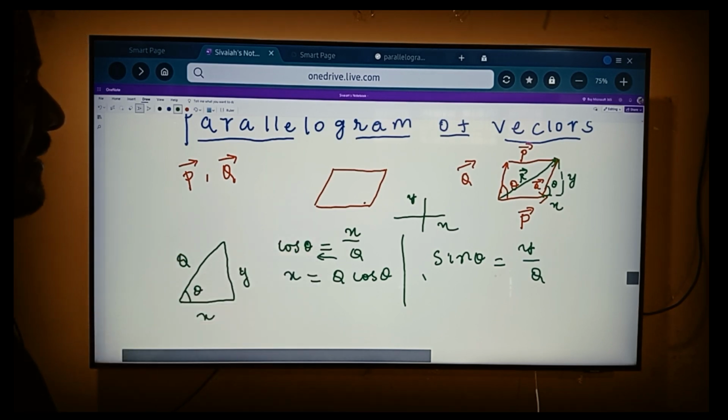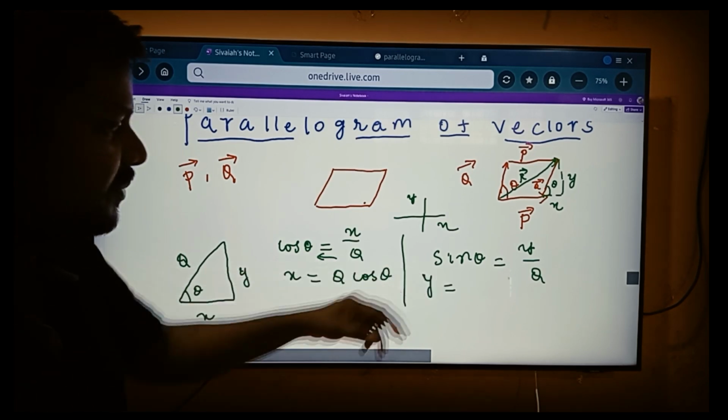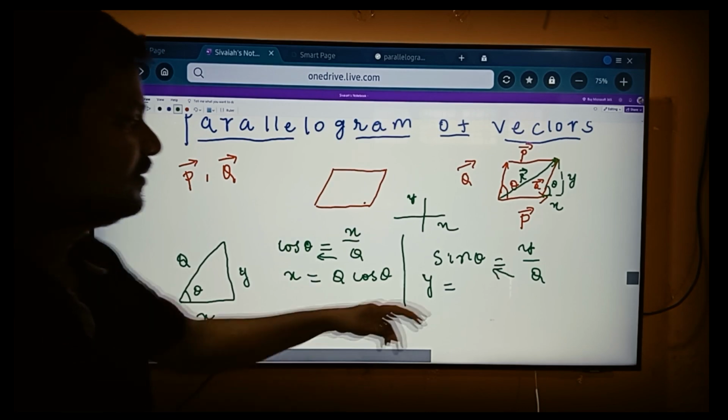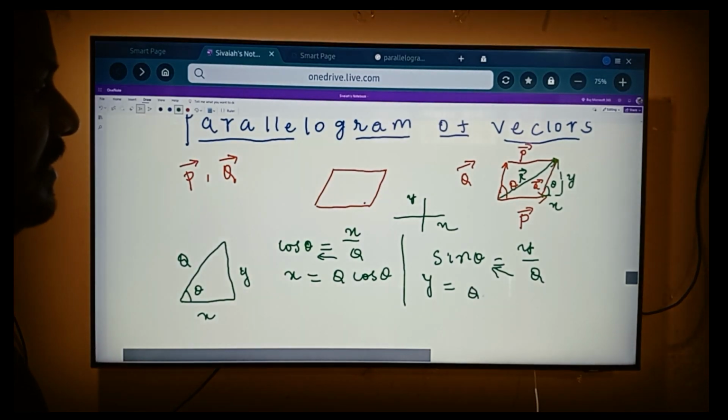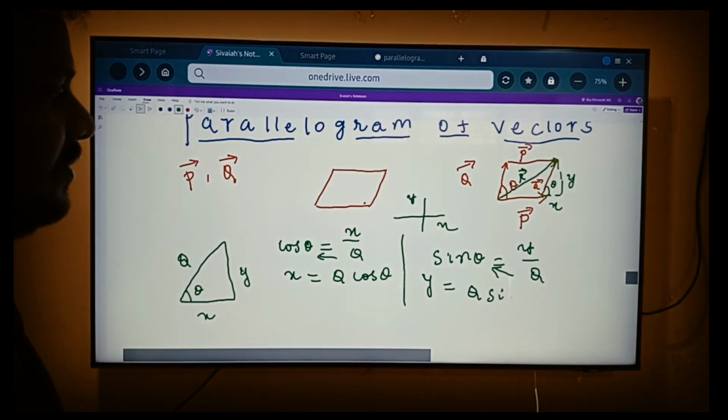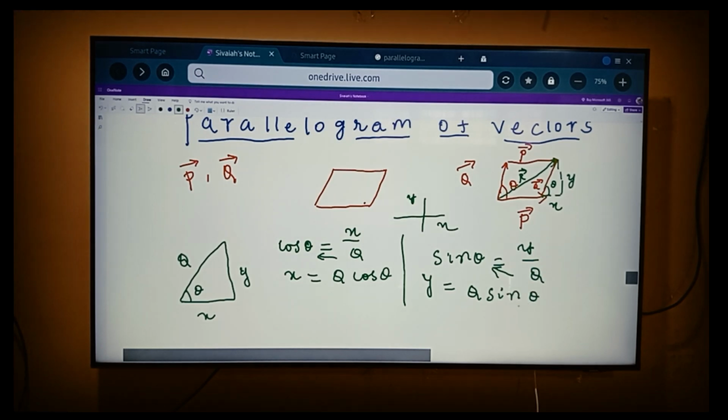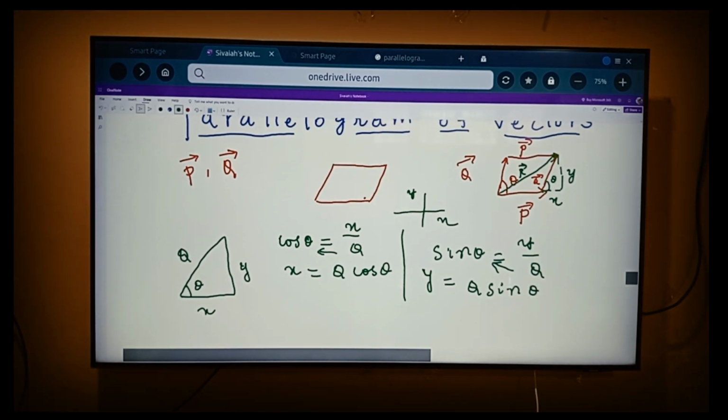From this, what about y? You can cross multiply, y equal to q into sin theta, q sin theta, right?